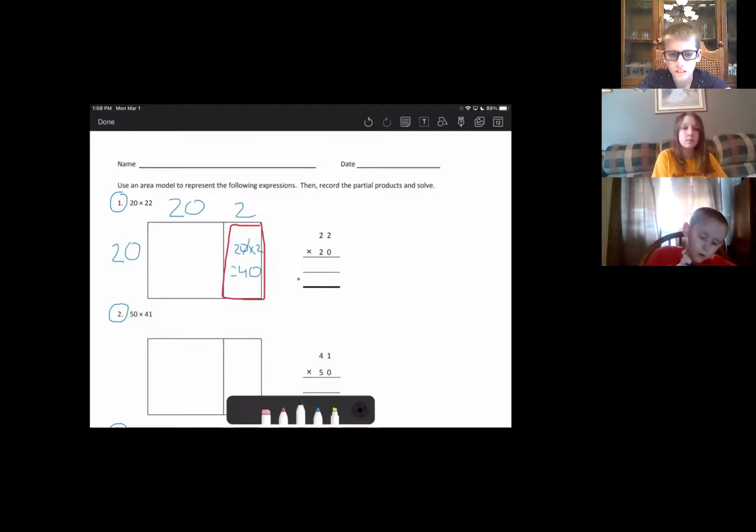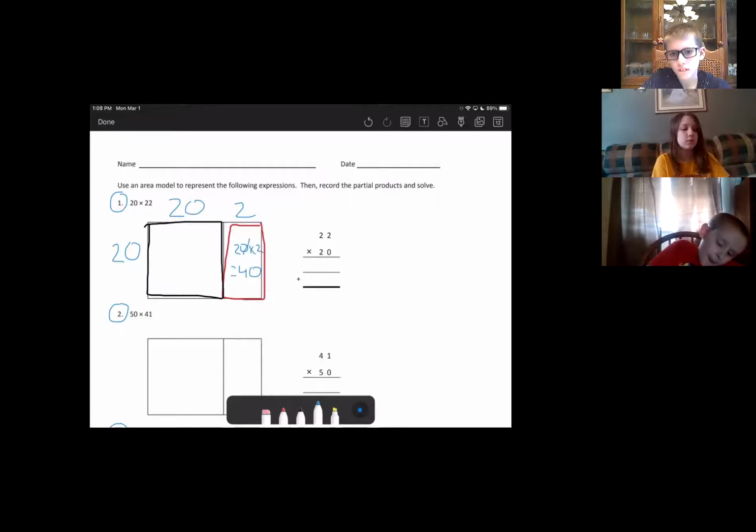All right, and now Nina. How do I find out the area of this black rectangle over here? I'm sorry, what was the question? What am I going to do to find the area of the black rectangle on the left? You can multiply 20 times 20.